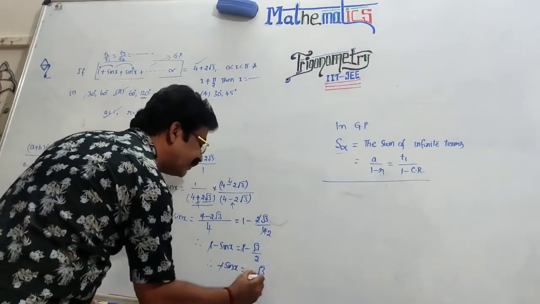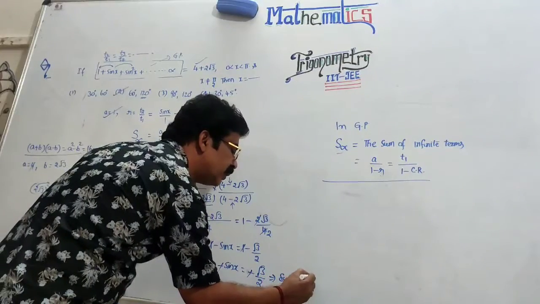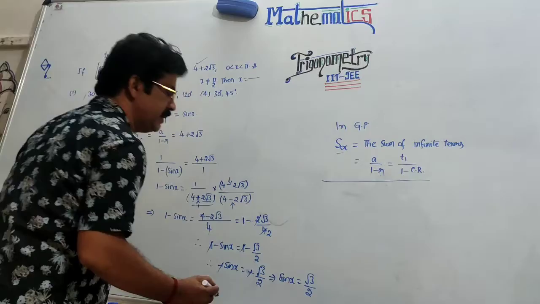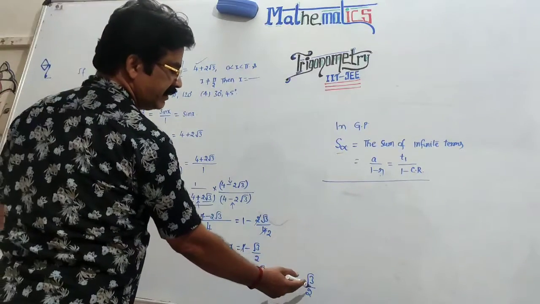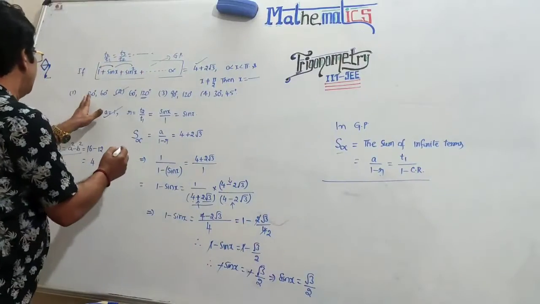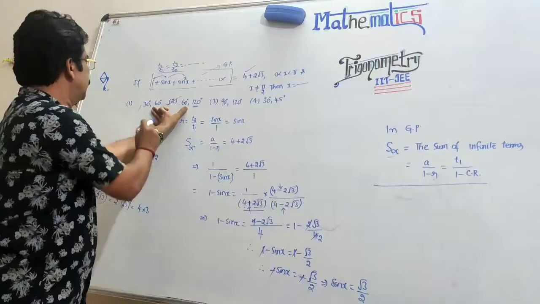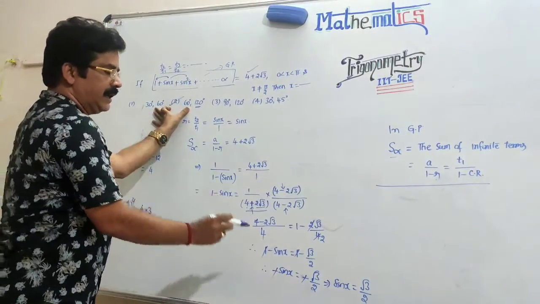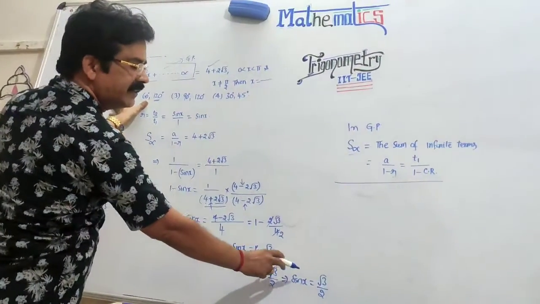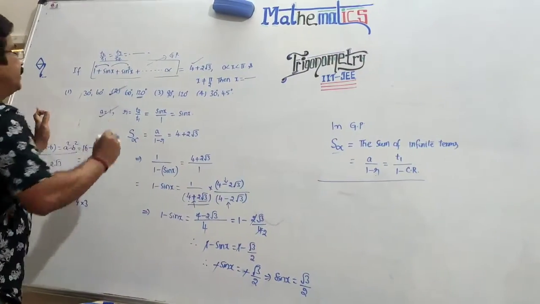Minus minus cancel, that implies sin x is equal to root 3 by 2. Actually, sin 60 degrees is equal to root 3 by 2. So x equal to 60 degrees is one of the solutions. 60 degrees is in the first option and the second option. But x equal to 30: if x equal to 30, sin 30 degrees is not equal to root 3 by 2. Therefore, definitely the second option is right.